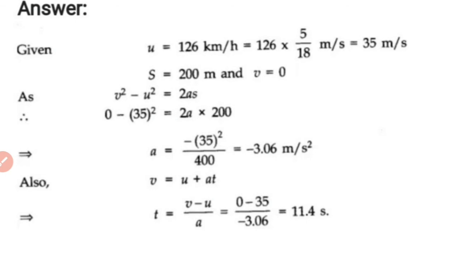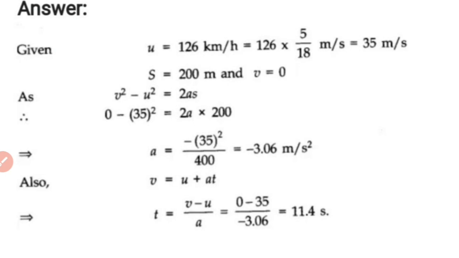You can use it in that form for solving problems, but while doing derivation you use the form we learned in 11th standard. By substituting, we will have a equal to minus 35 square by 400. You will get minus 3.06 meter per second square. The negative sign is there because it is deceleration, the speed is decreasing.